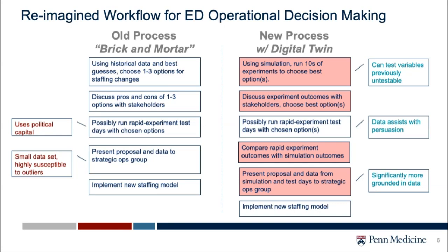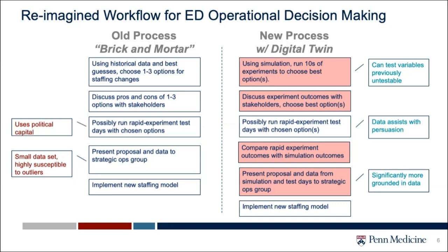Using the digital twin, there are several advantages here. One is that you can run tens of experiments to choose the best option very rapidly, using thousands and thousands of virtual patients. And you can test variables that you couldn't previously test.